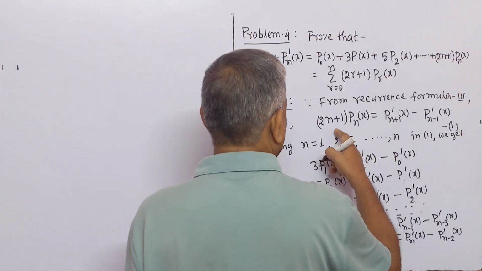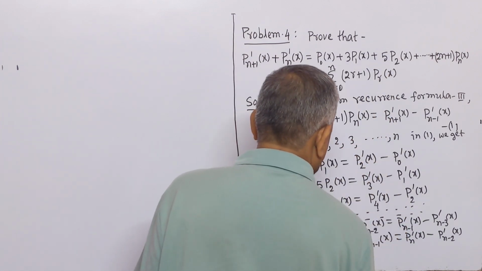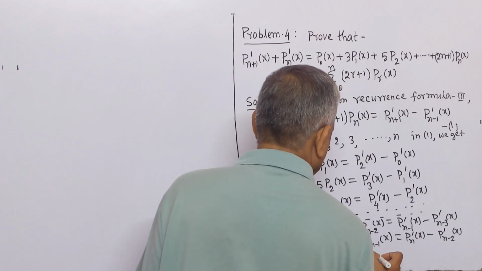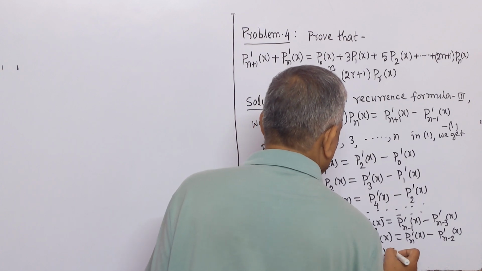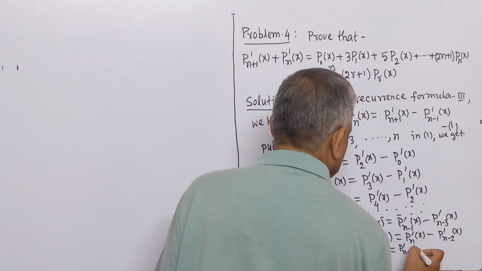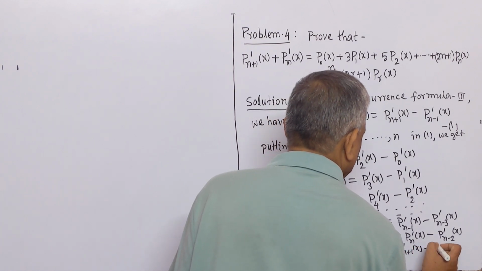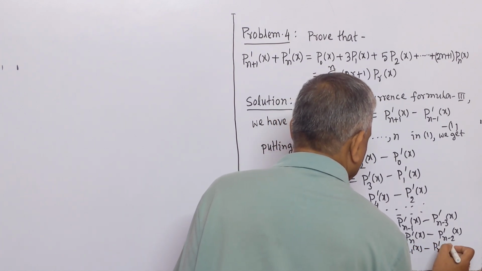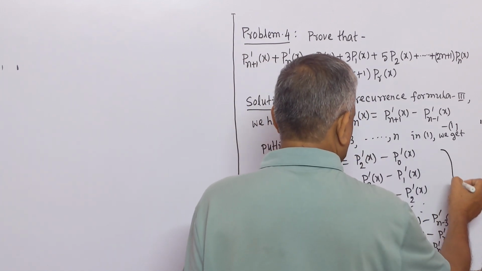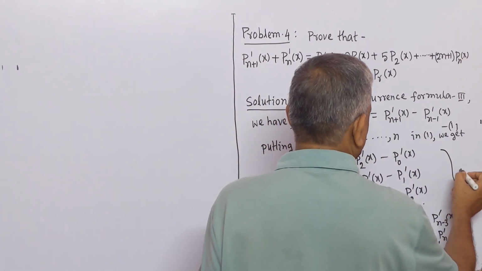Putting n to n plus 1, (2n+1) P_n(x) = P_{n+1}'(x) - P_{n-1}'(x). Let this be number 2.